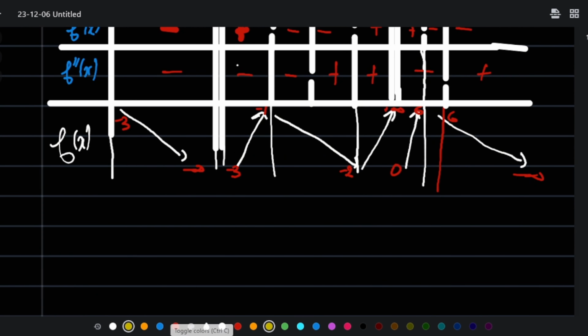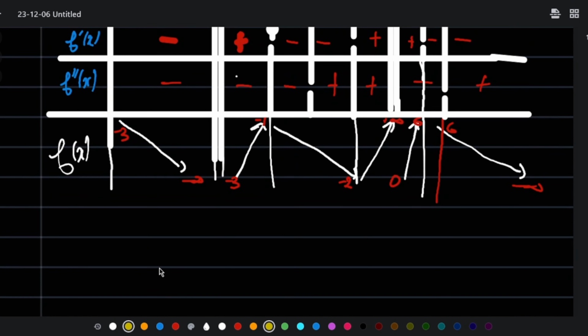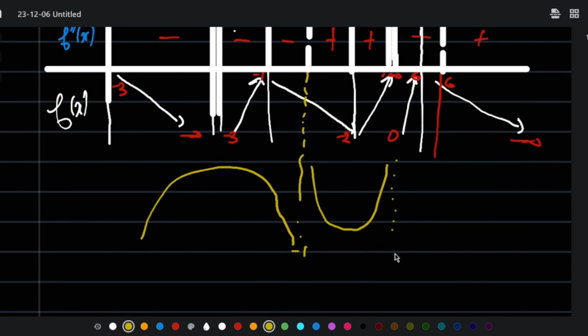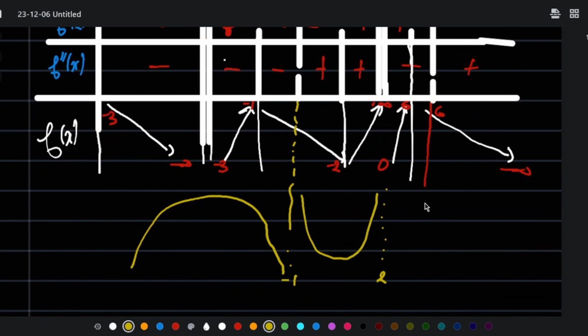So in this part here, the function is concave like this, and in this part here, so this here is minus 1, the function is convex, and here it's 2, and then in this part here the function is concave.